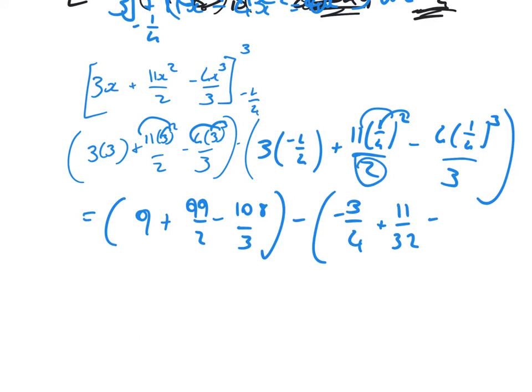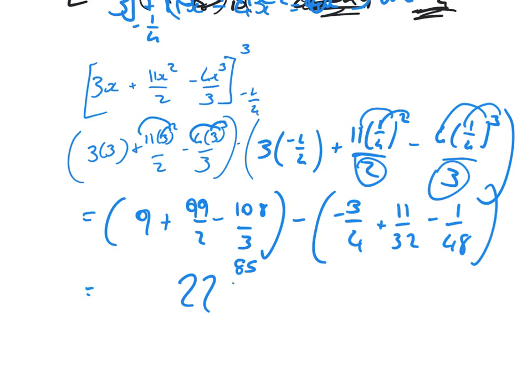And 1 quarter cubed is 1 over 64, times that by 4, and that's 4 over 64, which is a 16th. A 16th divided by 3 is 1/48. Okay, definitely a calculator would be required here, and hopefully you would get 22 and 85 over 96.